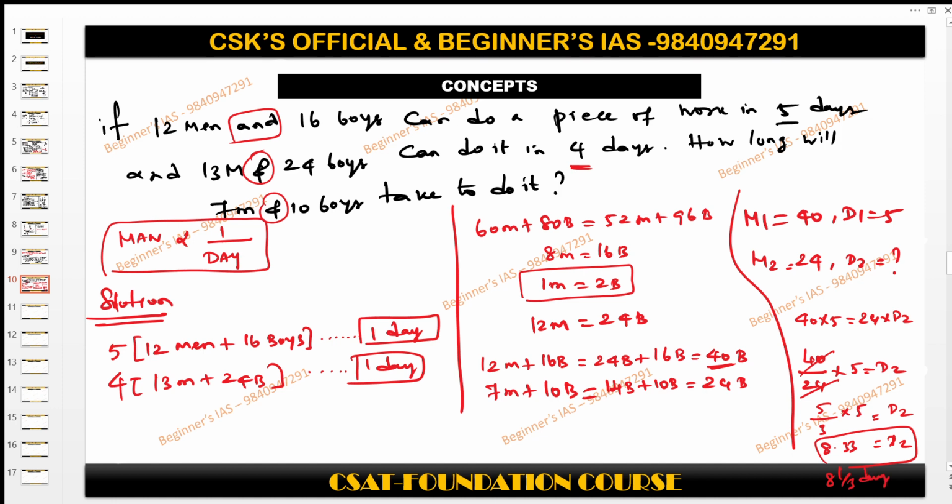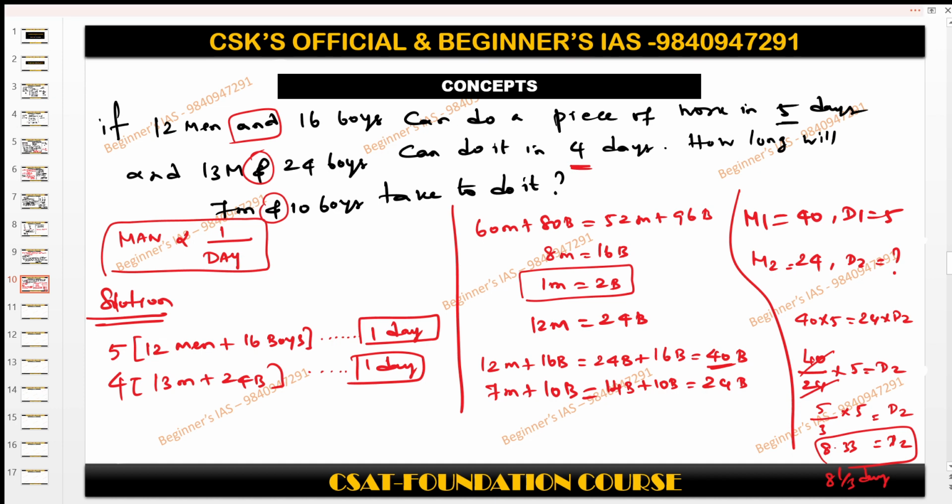Okay, now tell me which portion you did not understand. Sir, from the beginning only. Hmm? Why have we multiplied 5 instead of dividing it? Yes, just now I have mentioned it clearly, man days are inversely proportional to the number of days. Yes, sir.